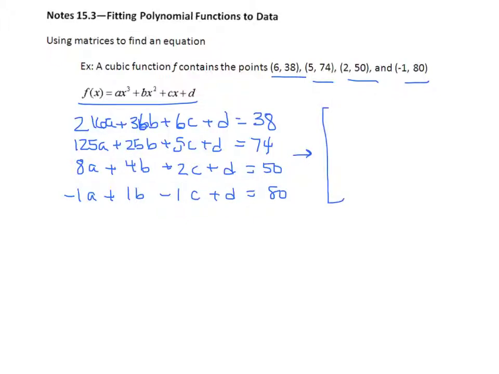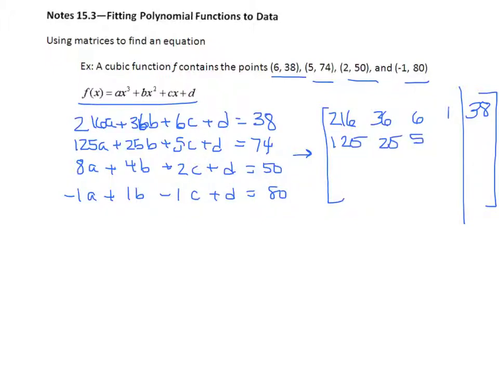So we have 216, 36, 6, 1, and 38. 125, 25, 5, 1, 74. 8, 4, 2, 1, 50. And negative 1, 1, negative 1, 1, and 80.